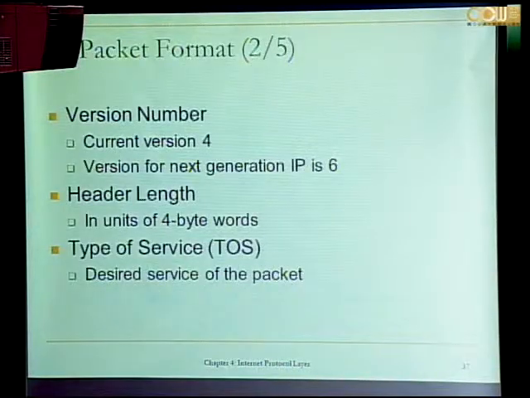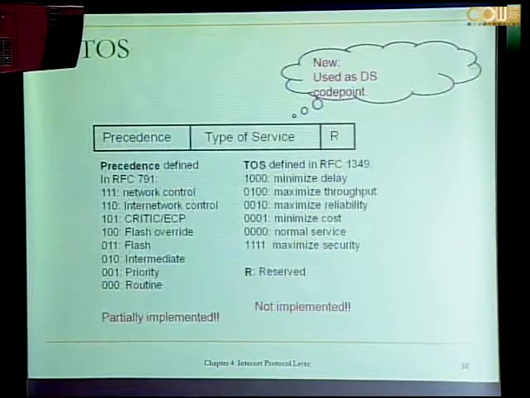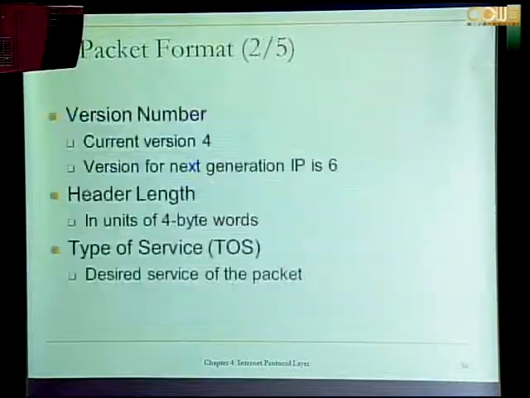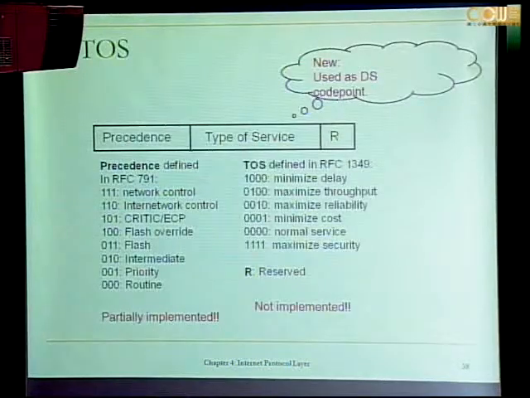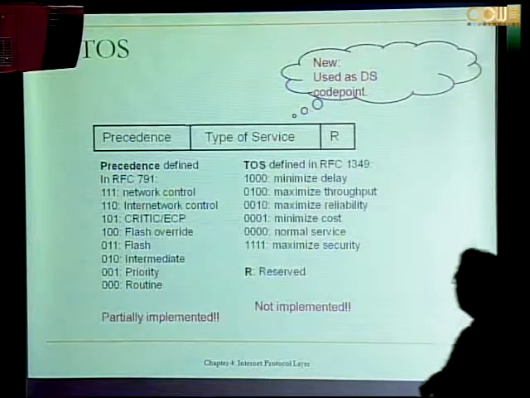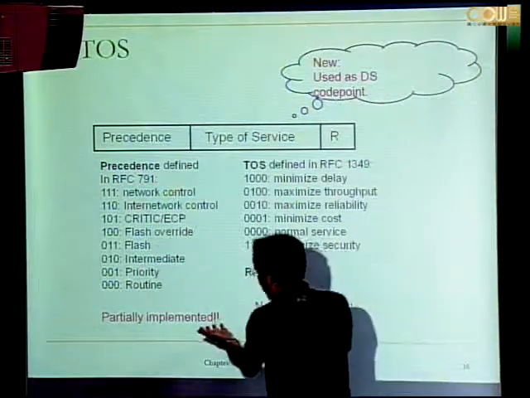Okay, so here I just repeat what I just said. The version number, the header length. The header length is in units of 4 bytes. And then TOS, the type of service field, is mostly not supported by routers.